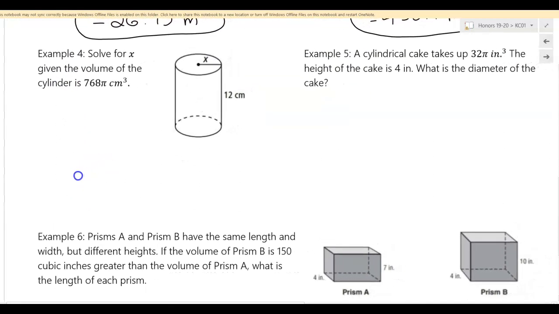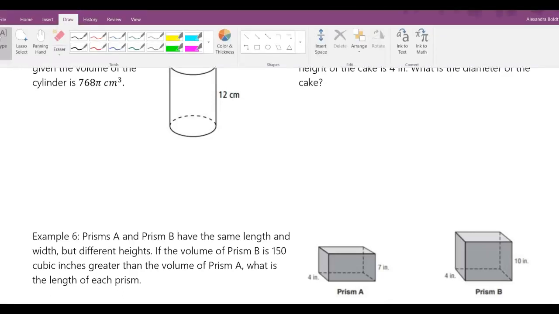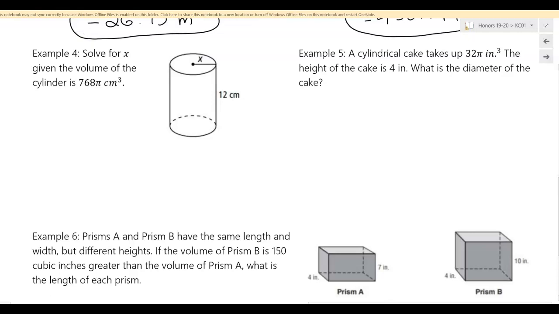One of the last things we're going to look at here is solving for a missing dimension if we know the volume. So here it's saying solve for x, and x is our radius, given the volume of the cylinder is 768 pi centimeters cubed. This is a cylinder, so I'm going to start with my volume formula.